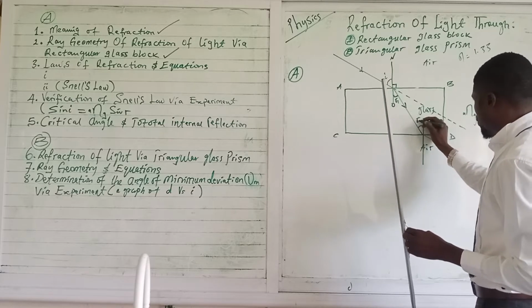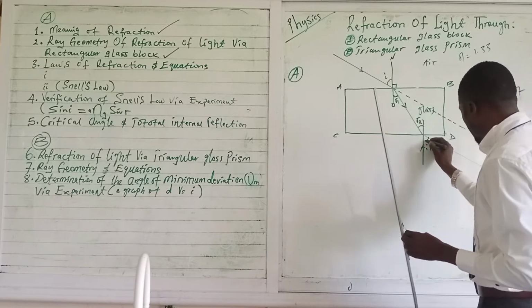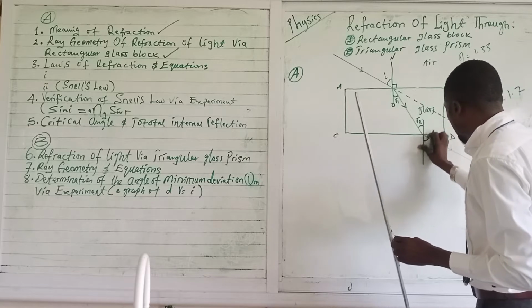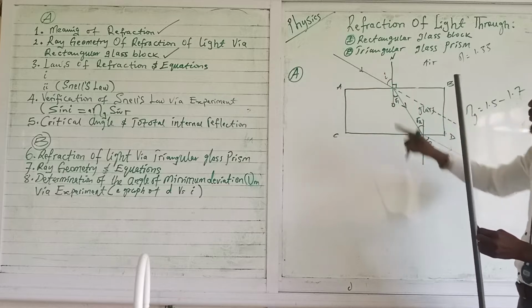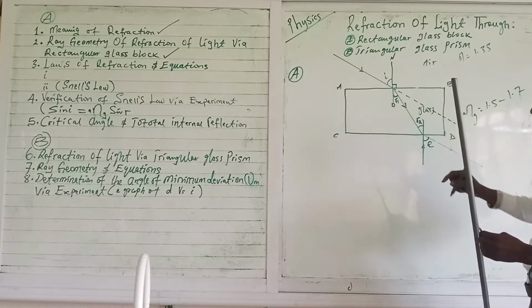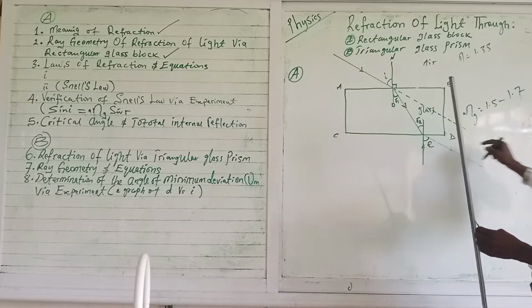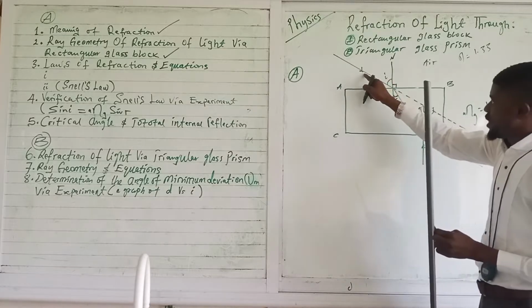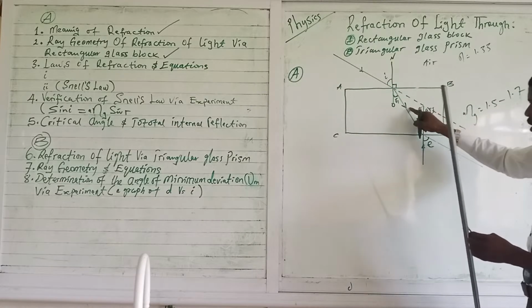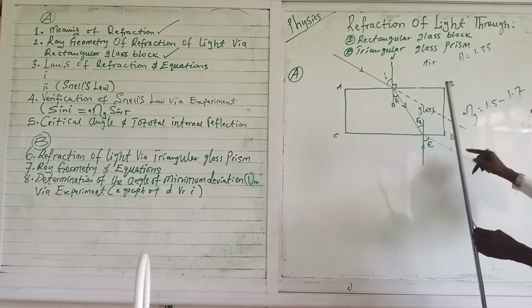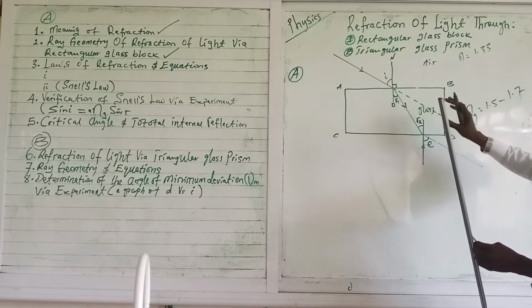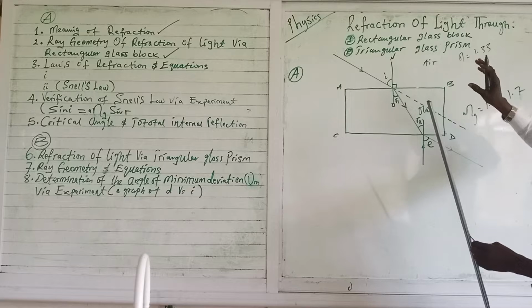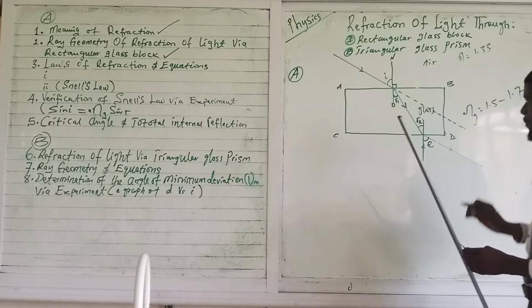So this is your R2, and then this angle is called your E. The incident angle, the refracted angle, and the angle of emergence. So this is the incident ray, the refracted ray, and the emergent ray. This is how we represent refraction of light through rectangular glass block.